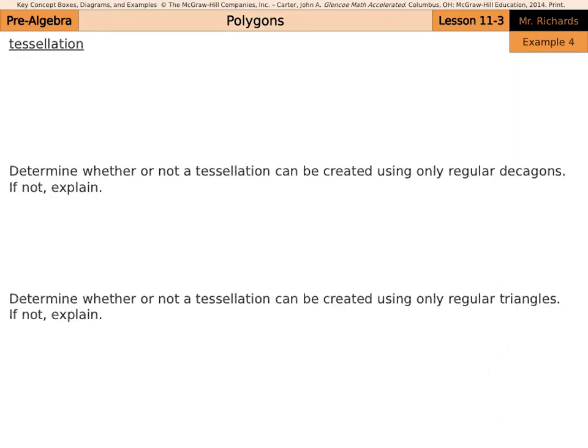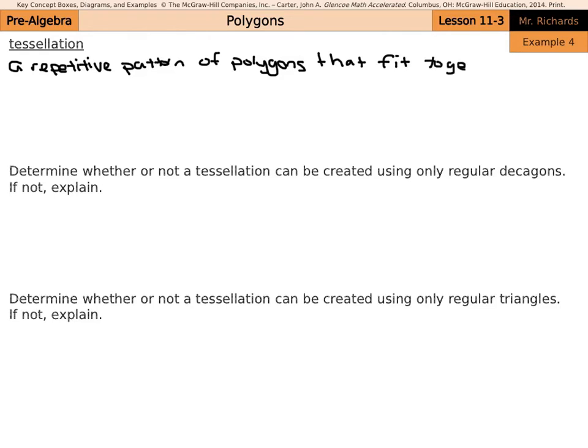And in our last example today, we have tessellations. Now, a tessellation is a repetitive pattern of polygons that fit together with no overlaps or holes.